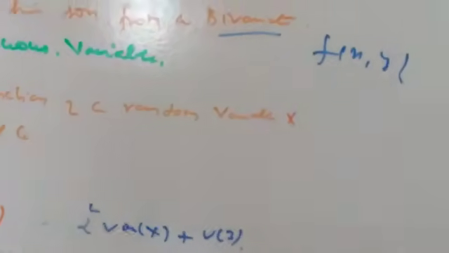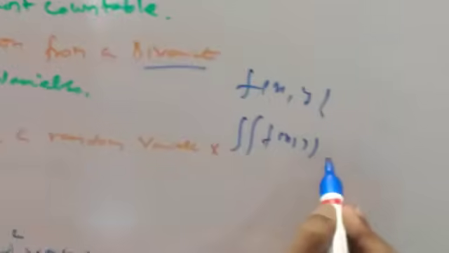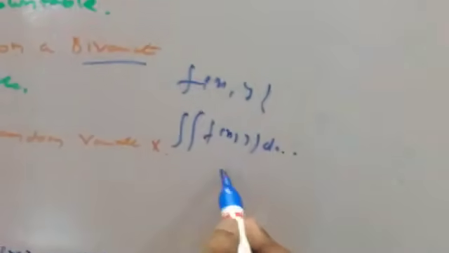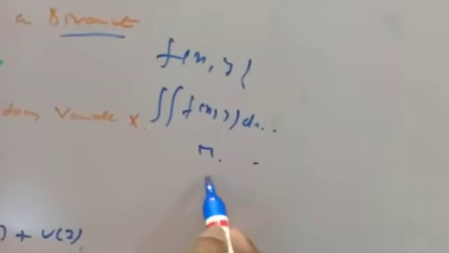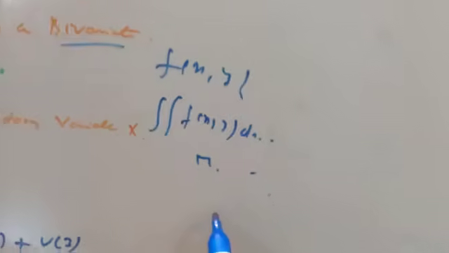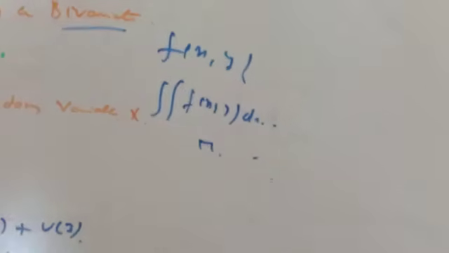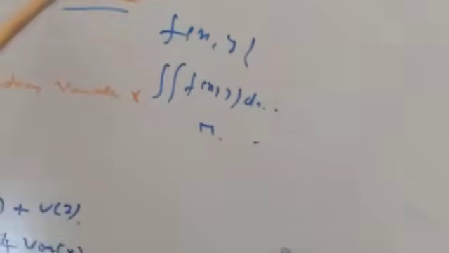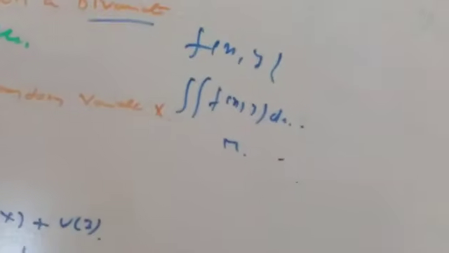Then you will know about the bivariate random variable, f of x comma y, the double integral dx dy. You have to find the marginal distribution of x and the conditional distribution of x given y, the joint distribution, the marginal distribution. Then we will discuss that in the next session. But this is only an example. If you take the bivariate random variable, the son and father variables will be continuous random variables.